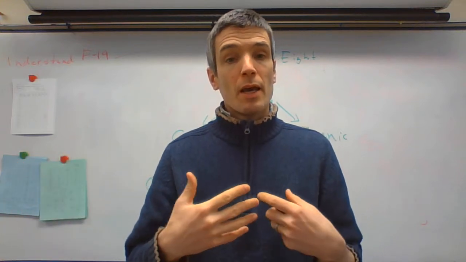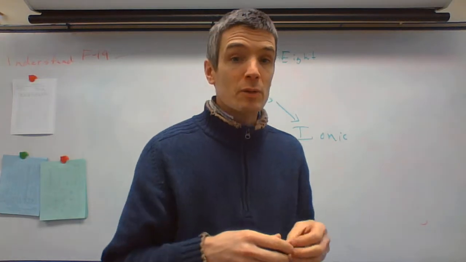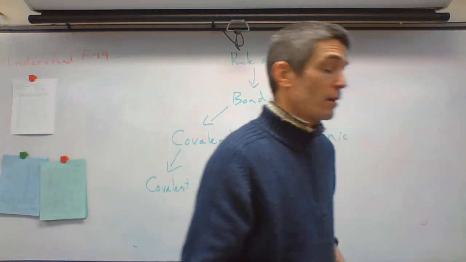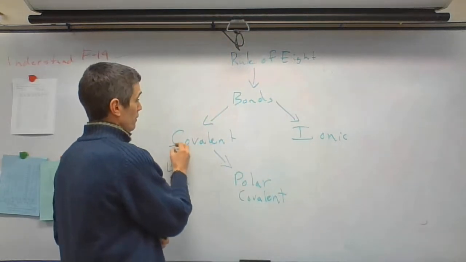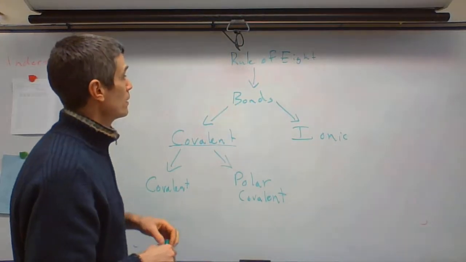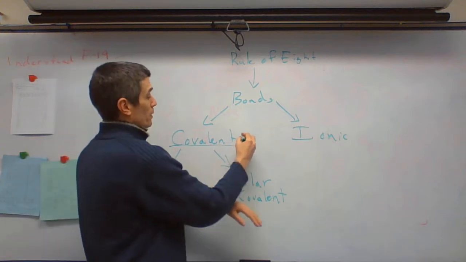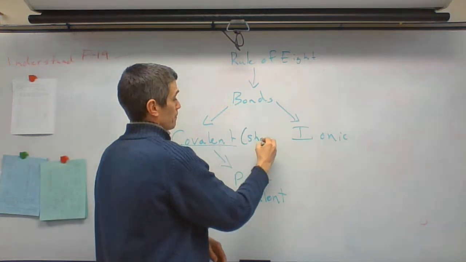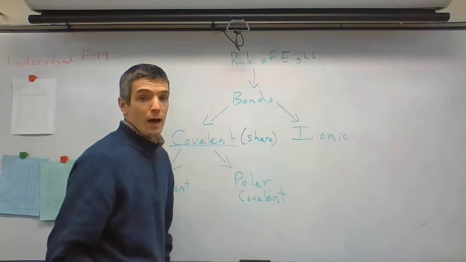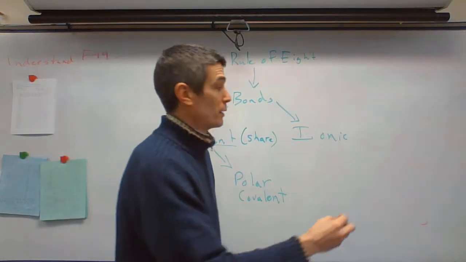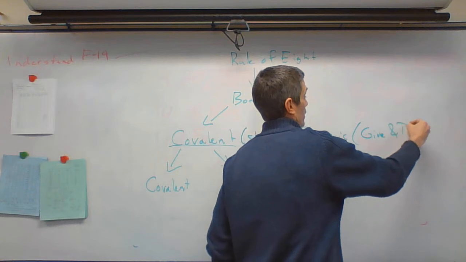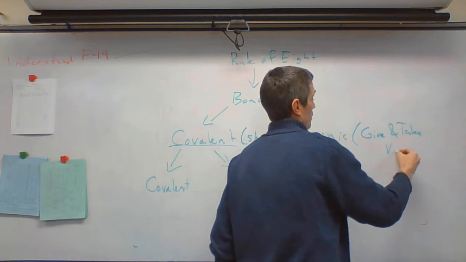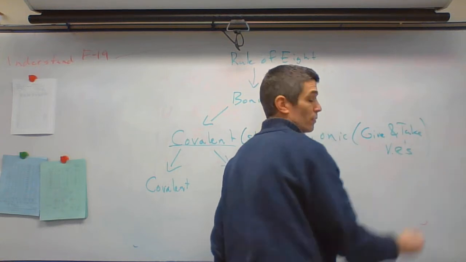All right, and when they share, that's a covalent bond. And a covalent bond is when they share. When it forms an ionic bond, they give and take valence electrons. All right?